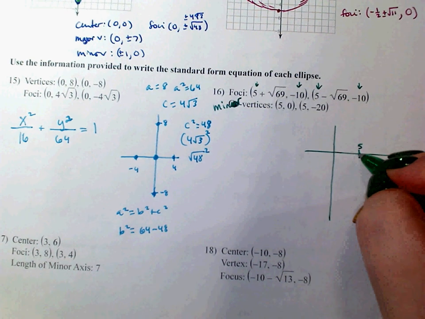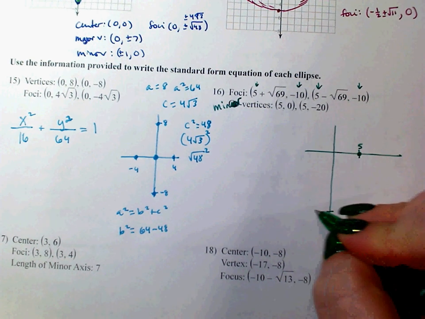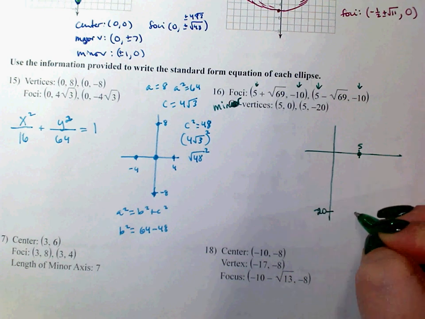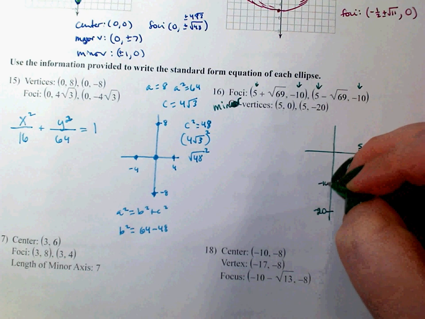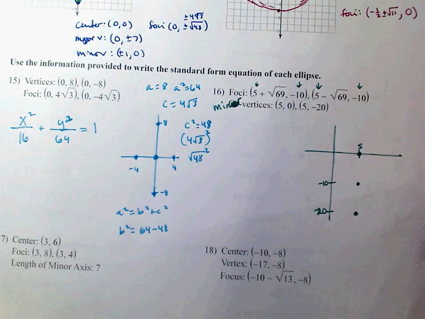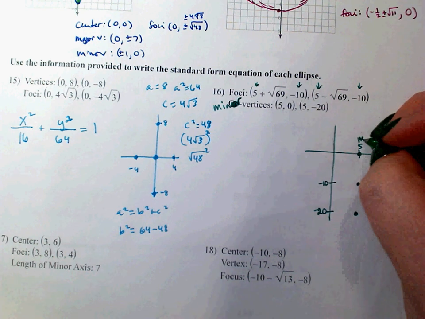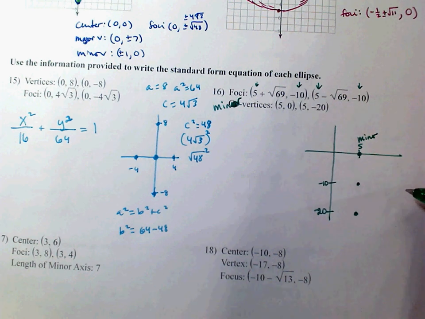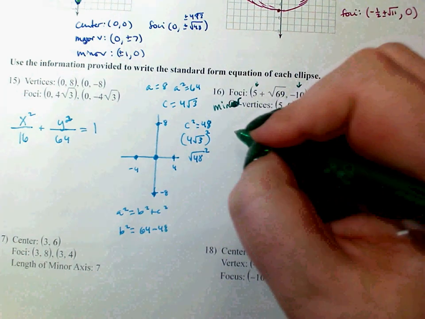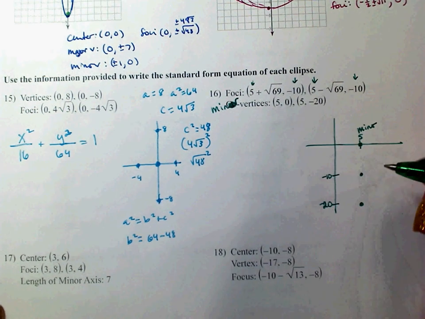Which makes sense why my center would be at 5, negative 10. And if this is my minor axis, vertical, that means my horizontal, again, is my major. So if I know my center is 5, negative 10, then I go ahead and start writing my equation.